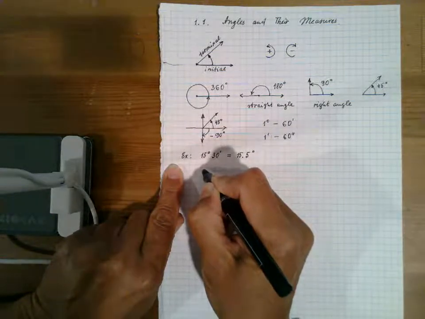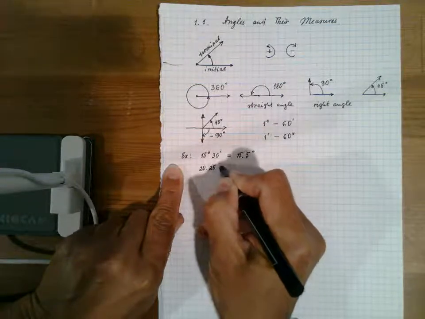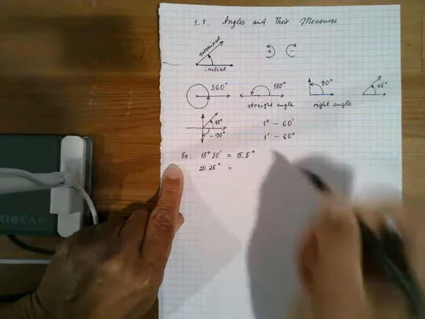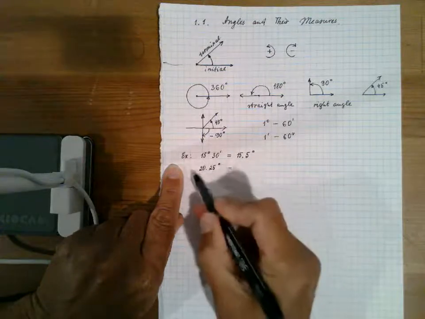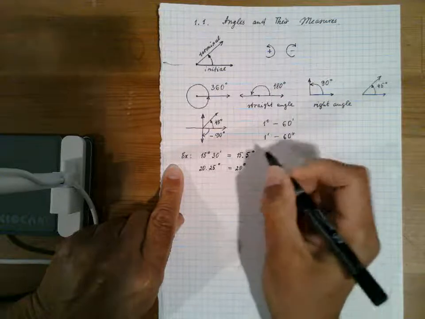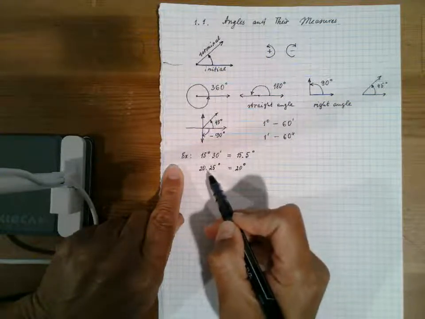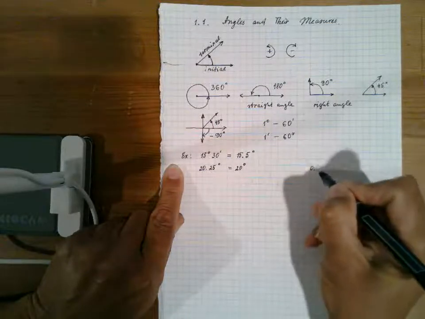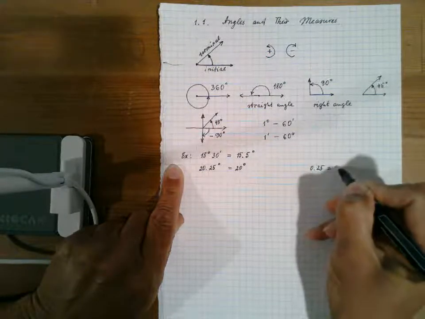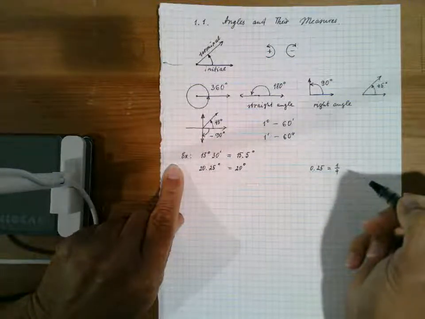Opposite. Imagine that we have an angle which is written in degrees, and we want to convert it into minutes. For example, 20.25 degrees. As we see, the amount of degrees here is 20. We are just going to copy it. We're not going to do anything. And we have 25 hundredths of a degree. You know that 0.25 is 1/4 of a whole thing, right?